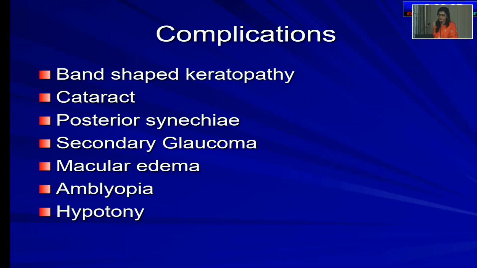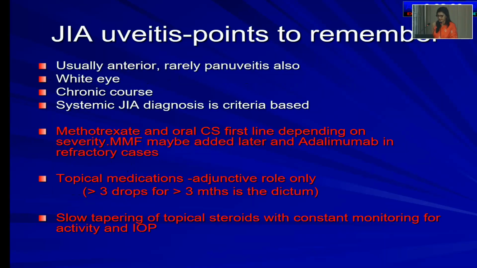And cataract, posterior synechiae are common. Secondary glaucoma is very common, either a closed angle because of the pupillary block or sometimes open angle, sometimes due to the treatment also. Macular edema is the most common posterior segment complication. It does not change the classification from chronic anterior uveitis, and amblyopia and hypotony in the late stages.